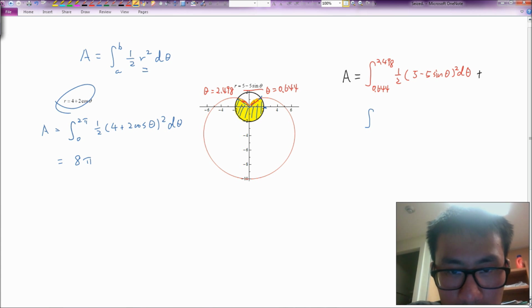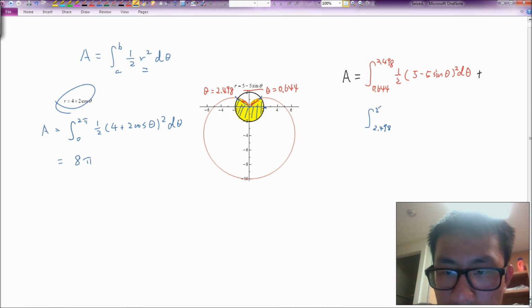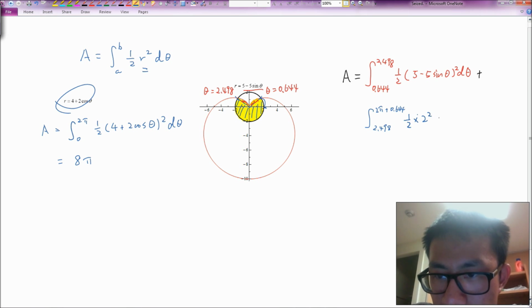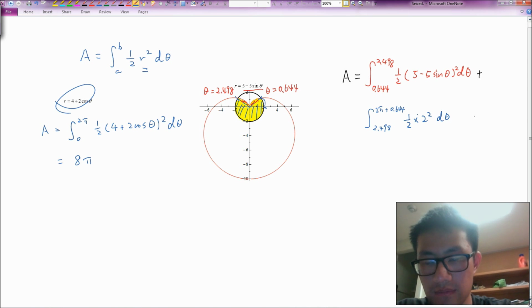It ends here. So the lower bound here would be 2.498, and the upper bound would be 2 pi plus 0.644 to finish this whole circle. Now we put in the equation, 1/2 times 2 squared d theta.